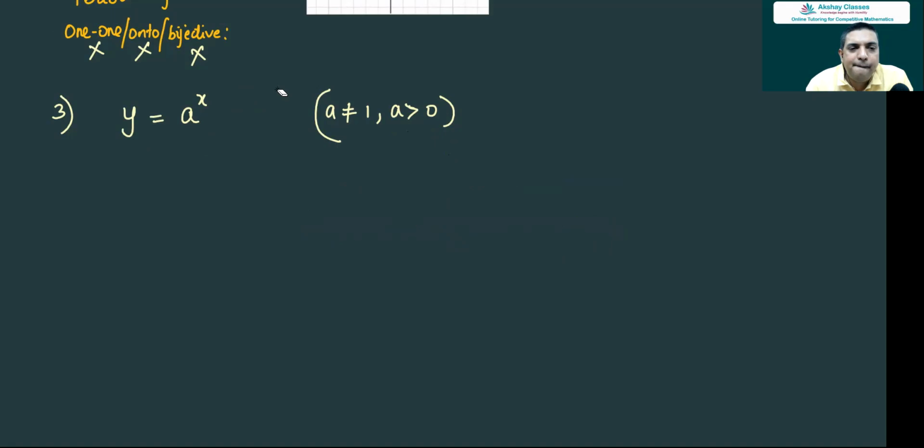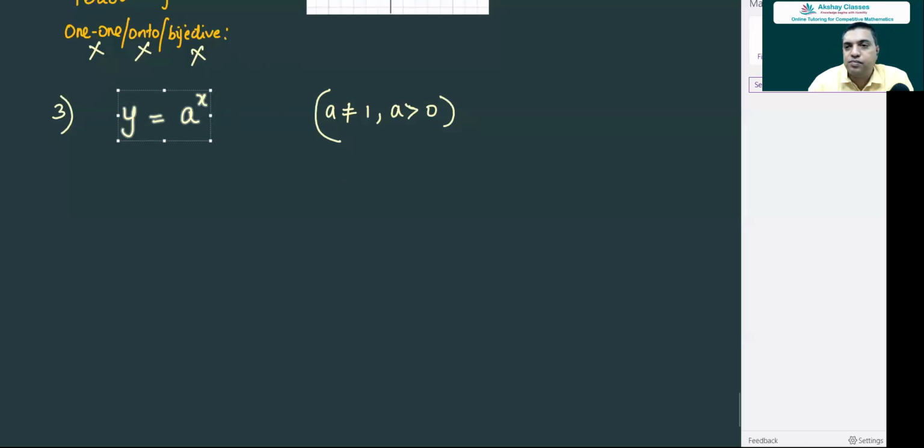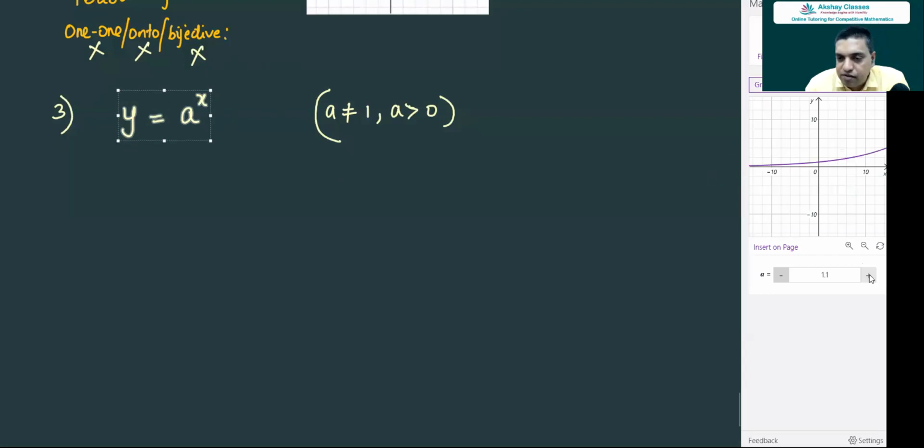Okay. So how is the plot of this curve? Oh, it is plotted for a equal to 1. I'll change it. Are you able to see the graph on the right side?